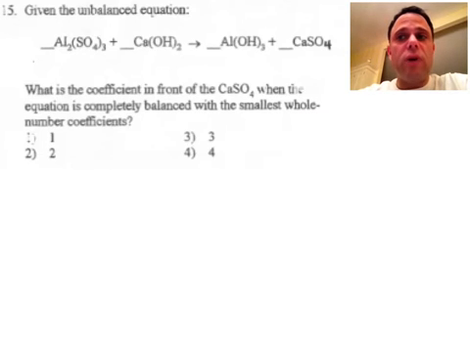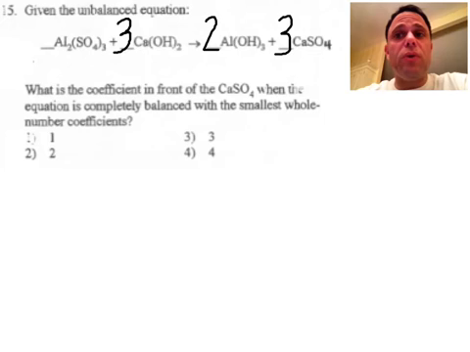Please pause and try it for yourself. Alright, now that you've paused it and attempted it, I'm going to give you the answer here. We would have coefficients of 3, 2, and 3. If you did not get it, once again, pause it and reconcile.